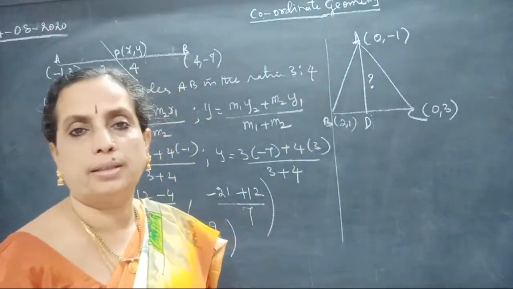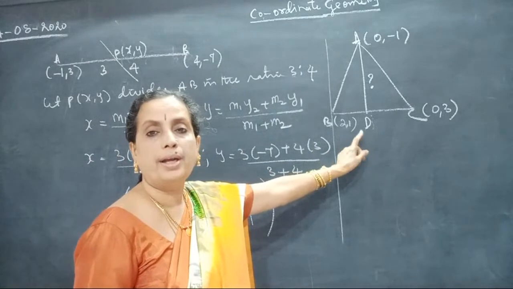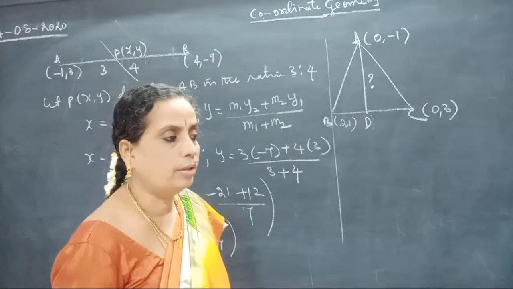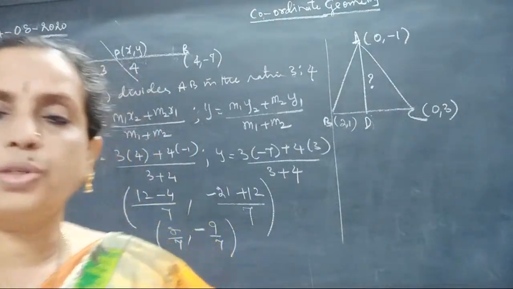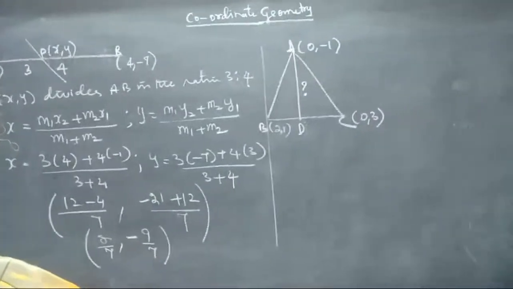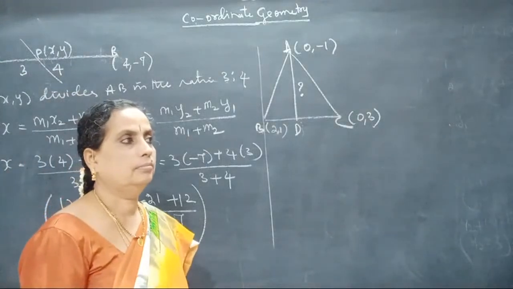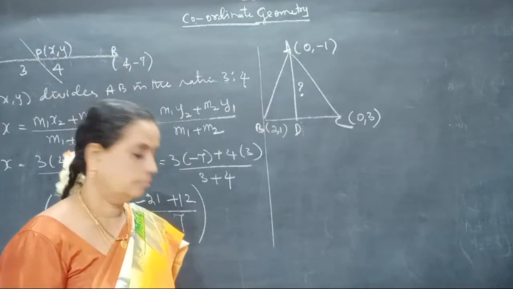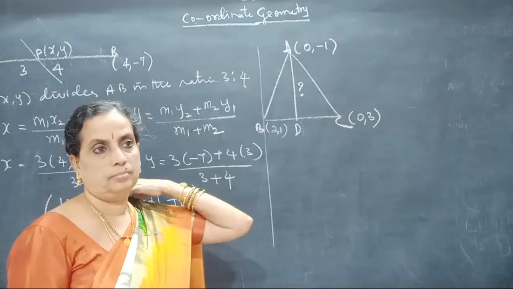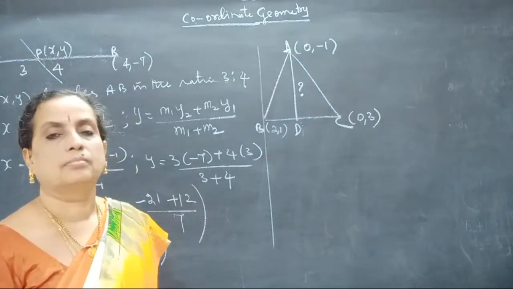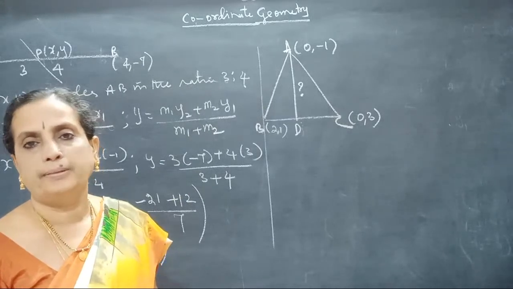But to find AD, we require the coordinates of D. How to find the coordinates of D is the question. How to proceed? No idea?